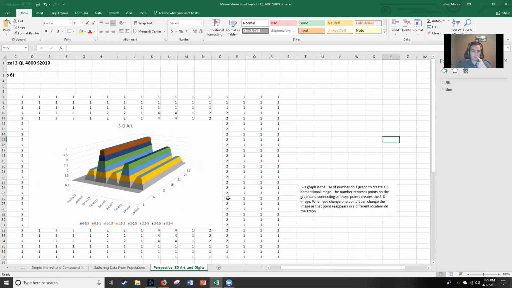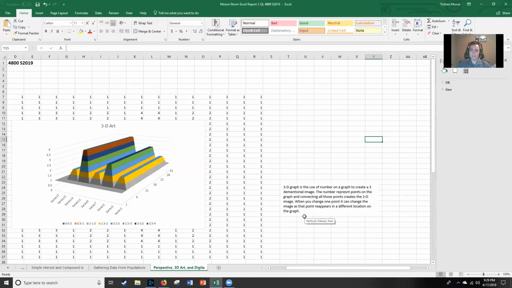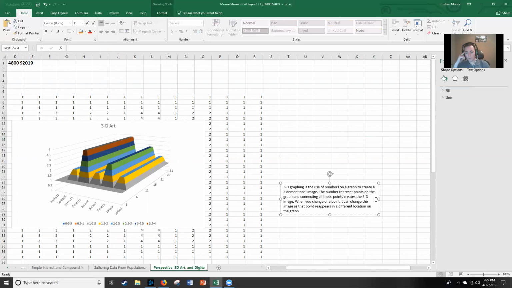All right, and finally, scenario number 6, we had a little fun with this one. 3D graphing is the use of numbers on a graph to create three-dimensional images. The numbers represent points on the graph, and connecting all those points creates a 3D image. When you change one point, it can change the image, and the point appears in a different location.